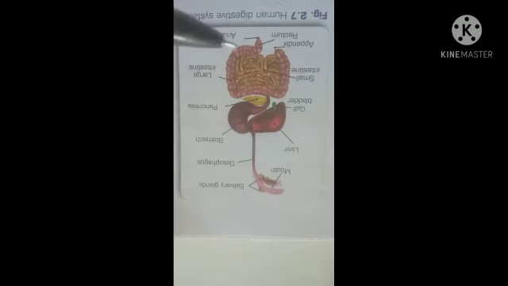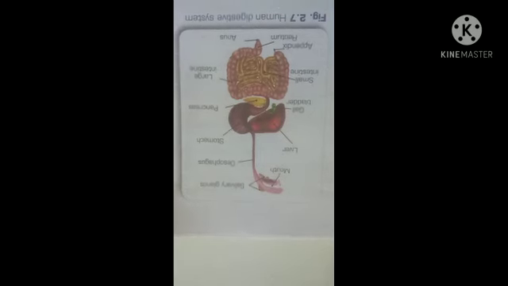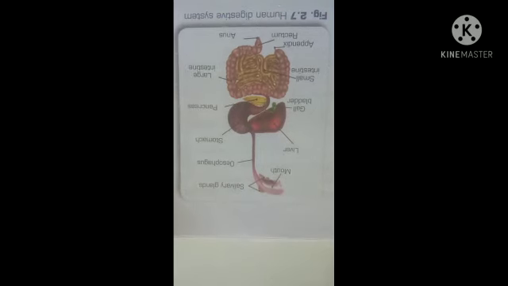These glands secrete digestive juice which contains digestive enzymes. These digestive enzymes are helpful in digestion of food. That means by the activities of these enzymes, complex food is converted into simple, absorbable form, so that it can be used. It can be sent to each and every cell for further utilization.